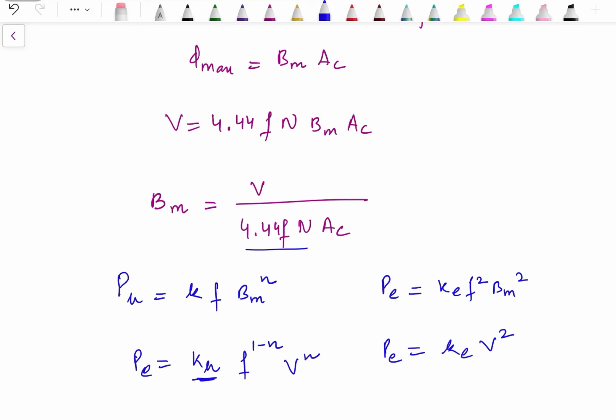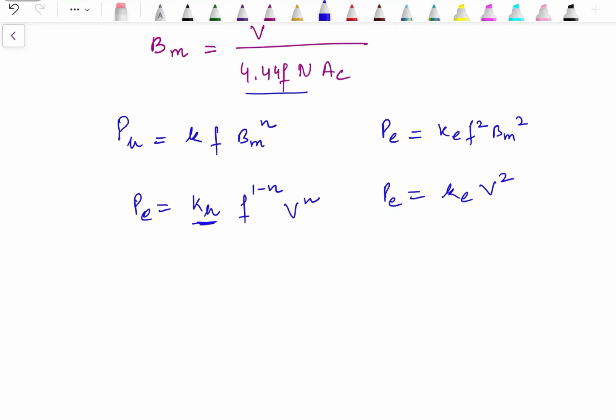Since the input voltage and the frequency are kept the same in the transformer, these losses remain the same irrespective of the loading. Whether the transformer is loaded or not loaded, core losses will occur in the system.